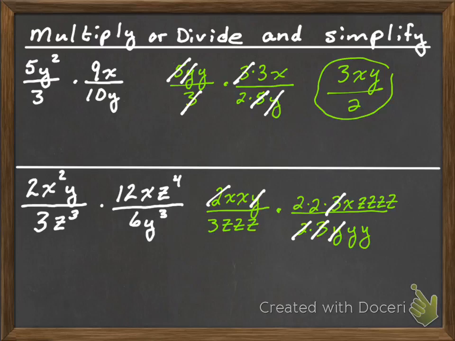We have 3 z's in the denominator, and that will cancel with 3 of the z's in the numerator. And I think that is about all that we have. All right, so our final answer then here is going to be a 4x cubed, got another x over here, so 4x cubed, and we've got a z.